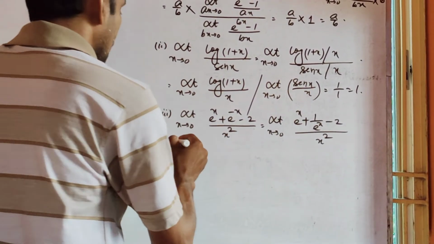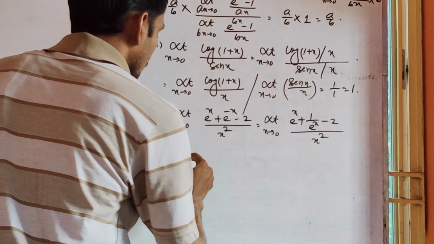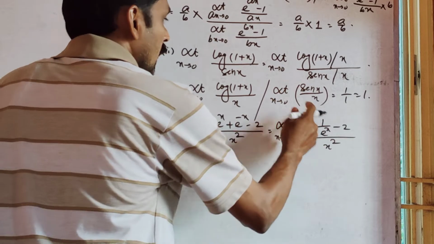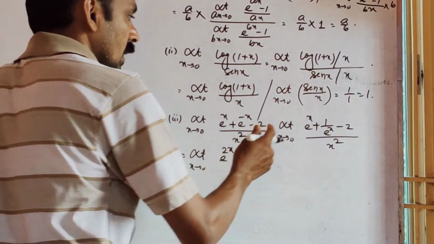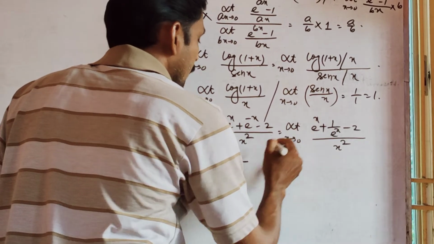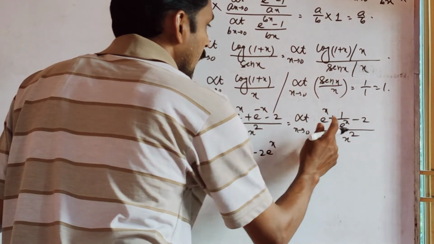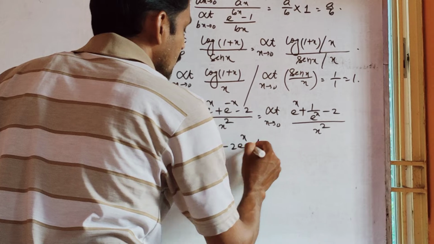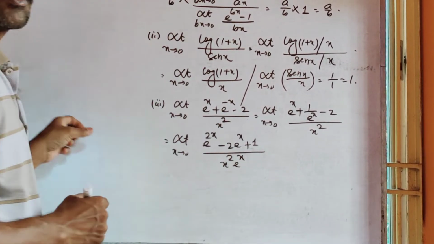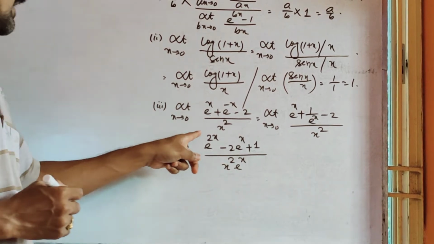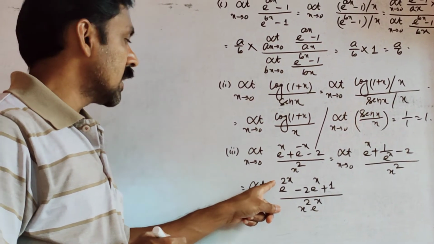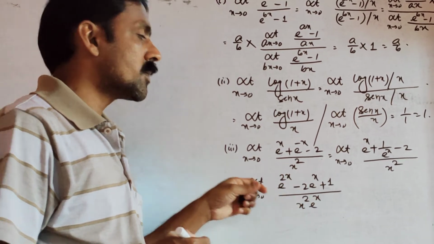Now if we take LCM in the numerator, it is e to the power x into e to the power x, e to the power 2x, now it is minus 2 e to the power x and this is plus 1, by x square into e to the power x. Now if we take e to the power x equal to a, then it is a square minus 2ab plus b square.